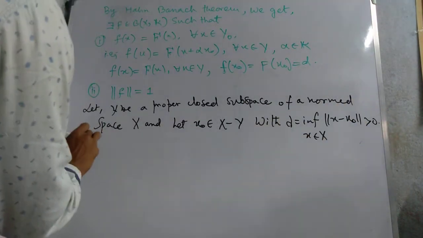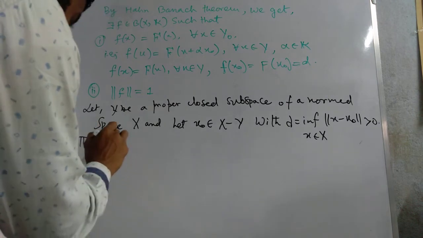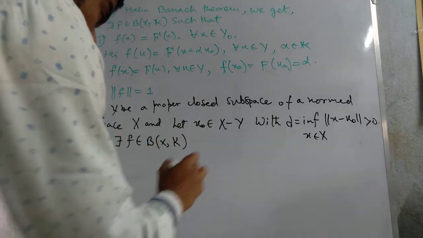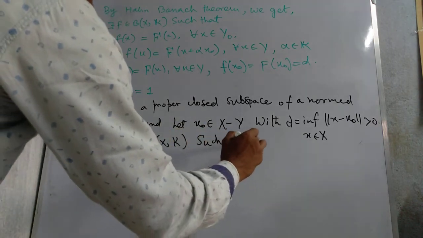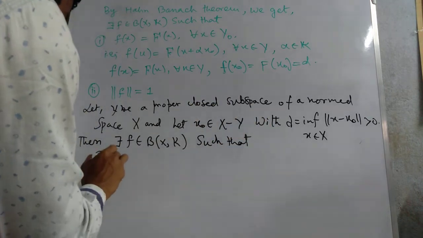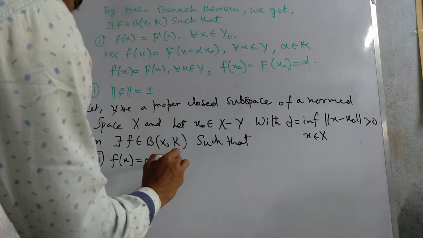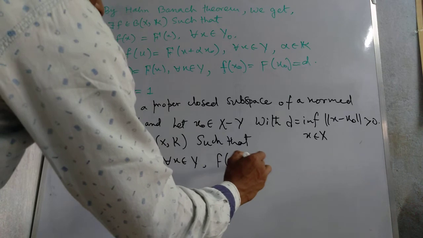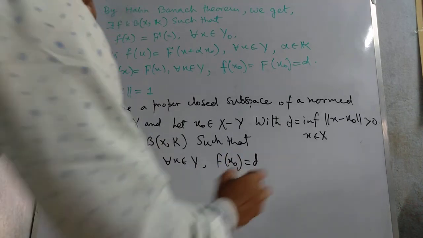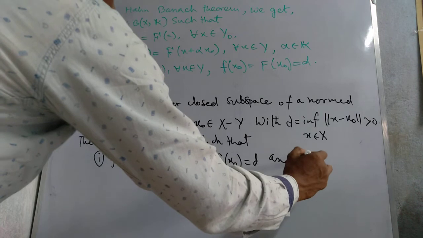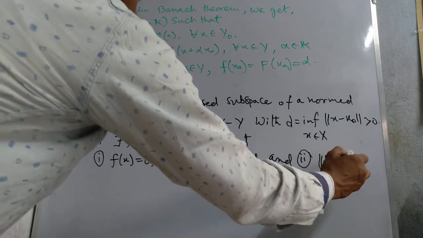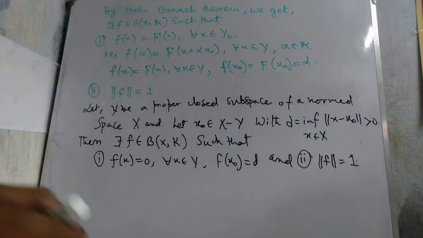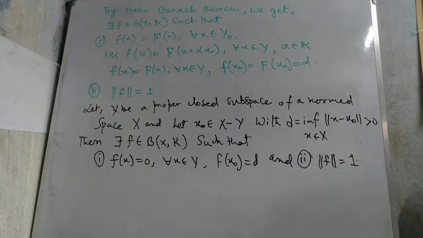Then there exists f belonging to X star such that first f(x) equals 0 for all x belonging to Y, and f of x0 equals b, and norm of f equals 1. Okay, we get this.